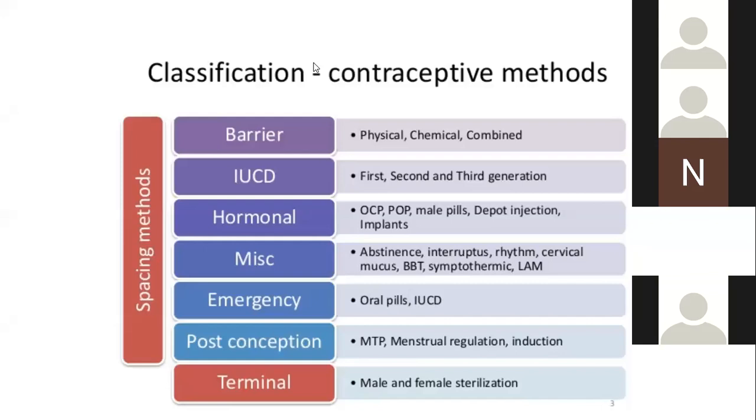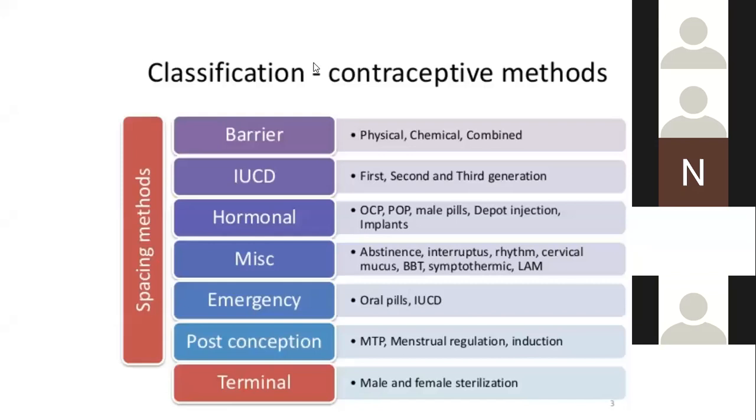Now, the barrier contraceptives are good in that they can be used in women where they have complicated medical histories, so in whom estrogen, for example, or the combined oral contraceptive would be contraindicated, or they have a history of previous infections. The other good thing about barrier contraceptives is that they provide protection against sexually transmitted infections.